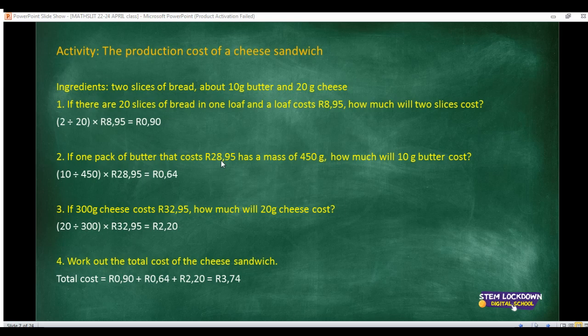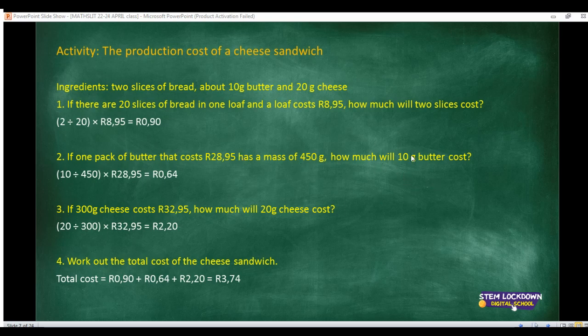And then question 2. If 1 pack of butter that costs 28.95 rands has a mass of 450 grams, how much will 10 grams of butter cost? So this is a pack of butter. It costs 28.95 rands and it has a mass of 450 grams.